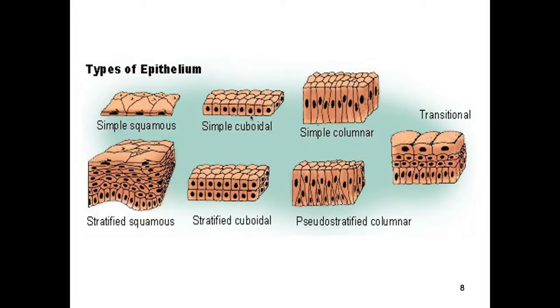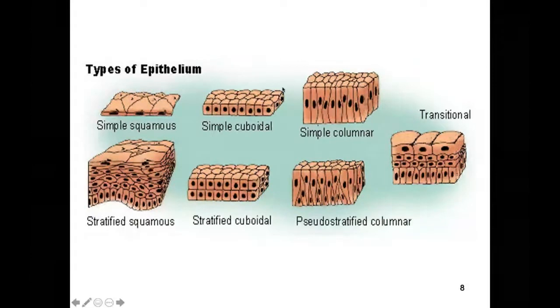Cells are held together by cell junctions, and there's a variety of them. Your book talks about tight junctions. We'll see them especially in the stomach, the bladder, and the intestines. It talks about gap junctions, which we'll discuss with the heart and neurons. And then there are desmosomes and hemidesmosomes that are found in the skin.